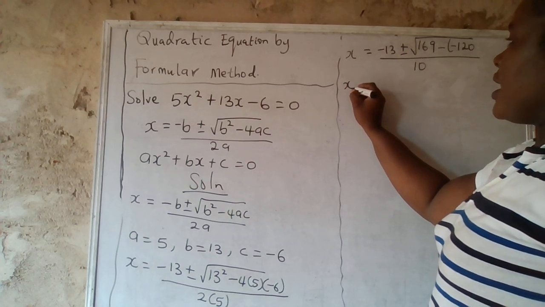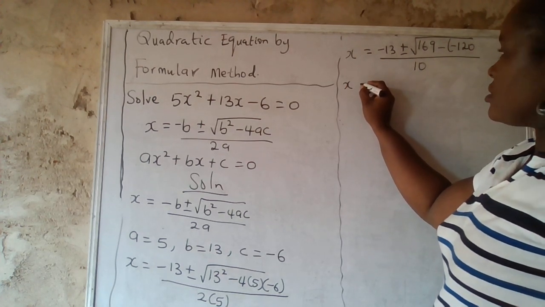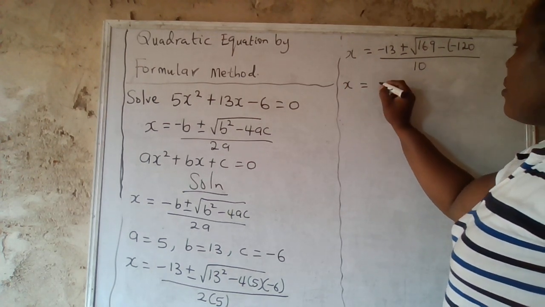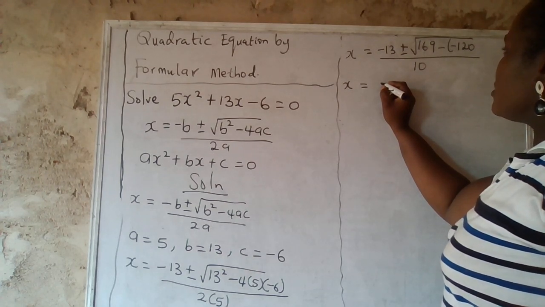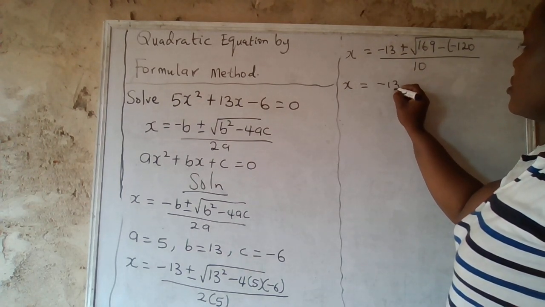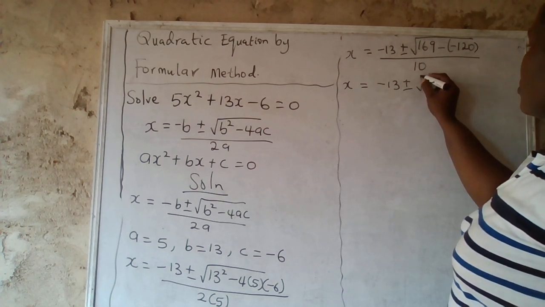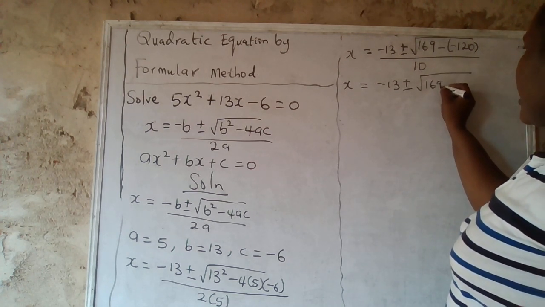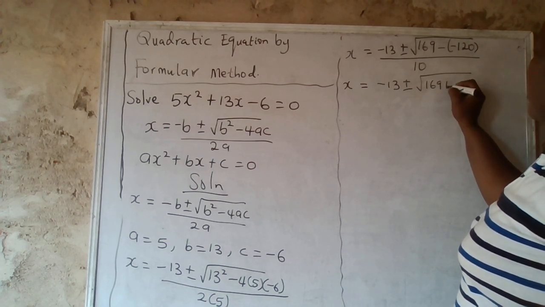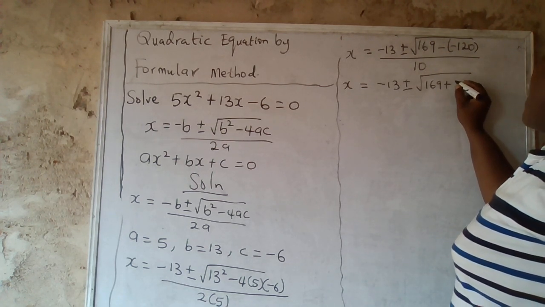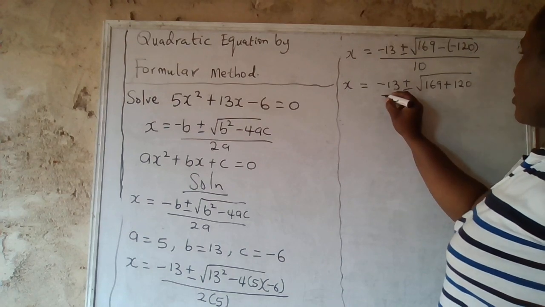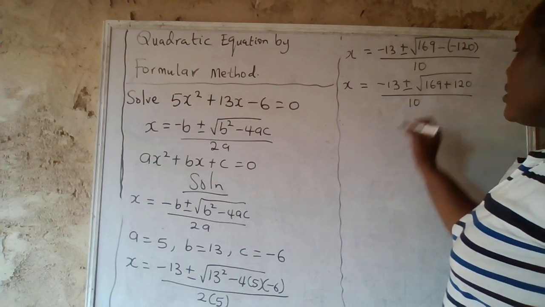So I have that x is equal to minus 13 plus or minus square root of 169. Minus gives us plus, so we are having plus 120 all over 10.